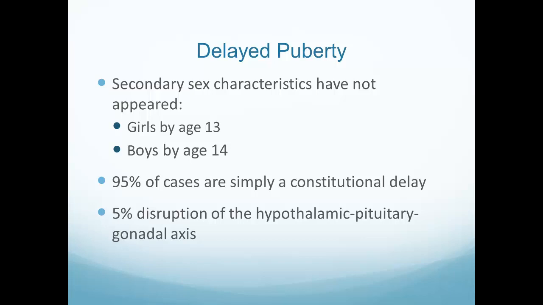There's about a 5% grouping here, so 95% are simply just going to be delayed and they are going to develop those secondary sexual characteristics, but about 5% is a person who's going to have a disruption of that hypothalamic pituitary thyroid or gonadal axis, and this is the feedback system that is providing the impetus for the sexual organs to develop and to mature.